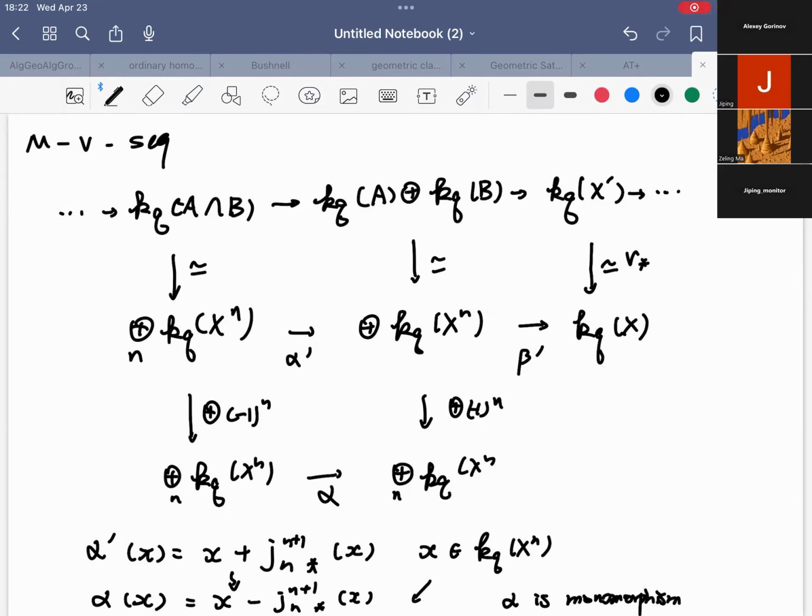And the cohomology is exactly the definition, just a better definition. There is nothing to.